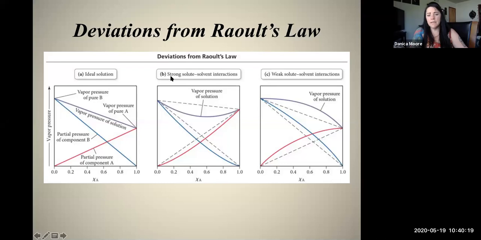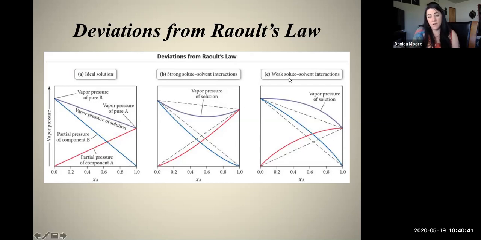If we're looking at strong solute-solvent interactions, we actually depress the vapor pressure. So we take it away from that ideal condition because now the interactions between the solute and the solvent are stronger than the solvent and the solvent. That makes the vapor pressure lower.